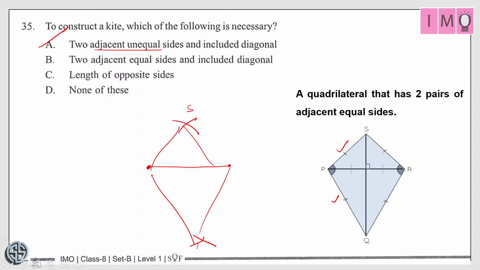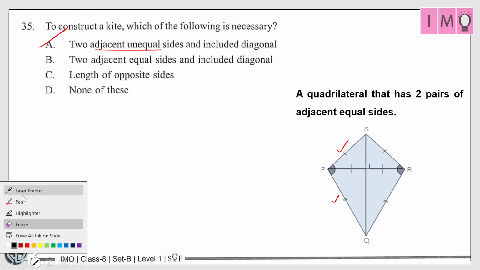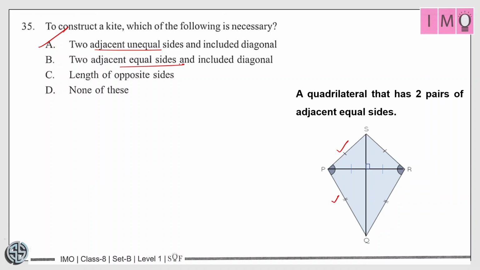But let's check it quickly for the other options, whether this is the correct answer or not. Let's check option B. Two adjacent equal sides and the included angle means you will be given PS and SR and the included angle.